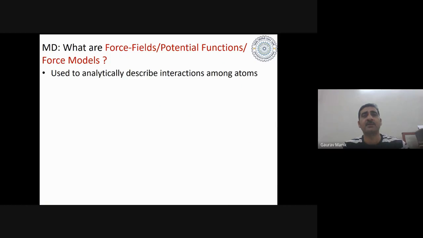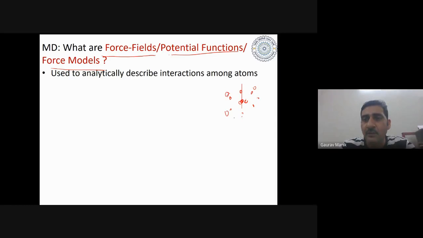The next point that is important to discuss here is the concept of force field, potential functions, and force models. Like I said, each of the atoms will be surrounded by different atoms. So, for instance, this carbon atom in polyethylene might be surrounded by several oxygen atoms or oxygen molecules.